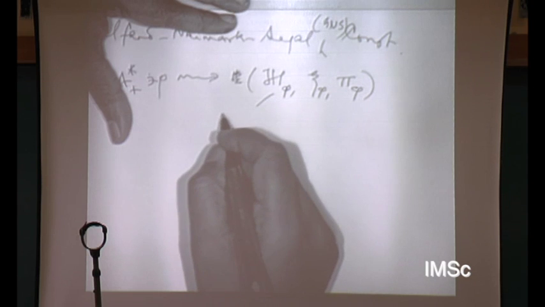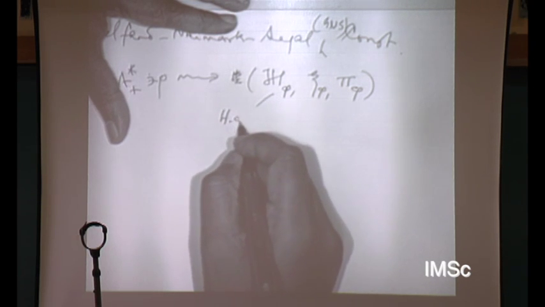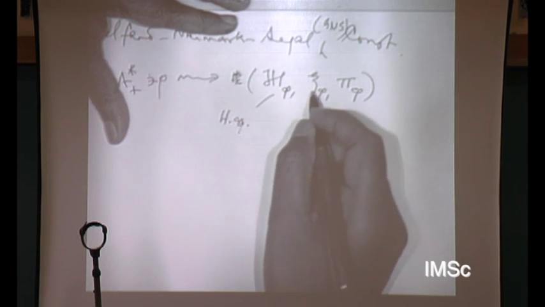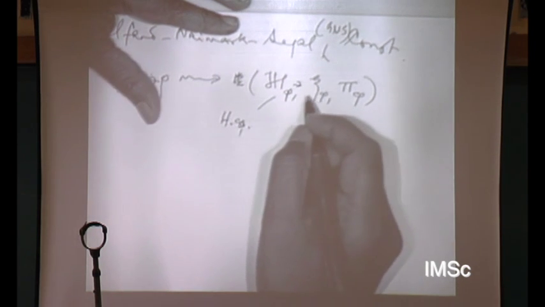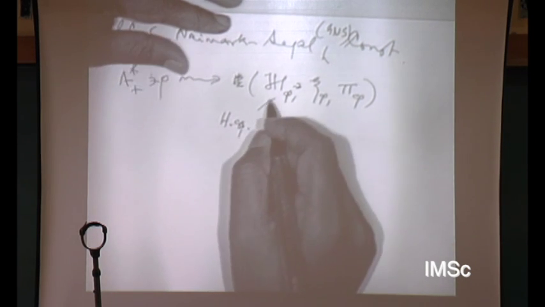What are all these animals? First, this is a Hilbert space. And second, psi phi is a vector in there.